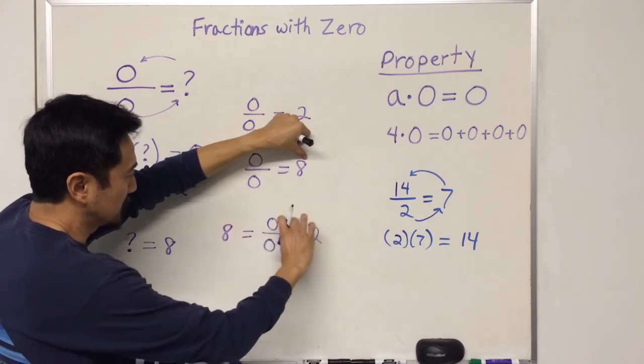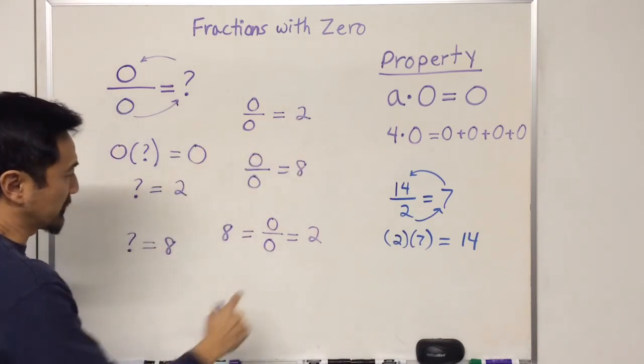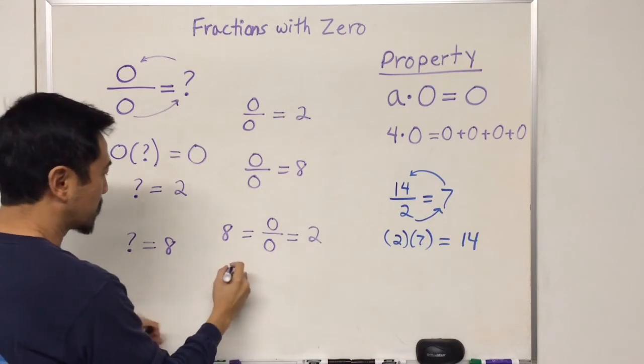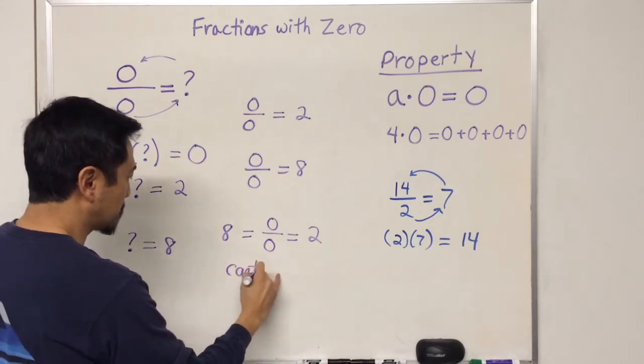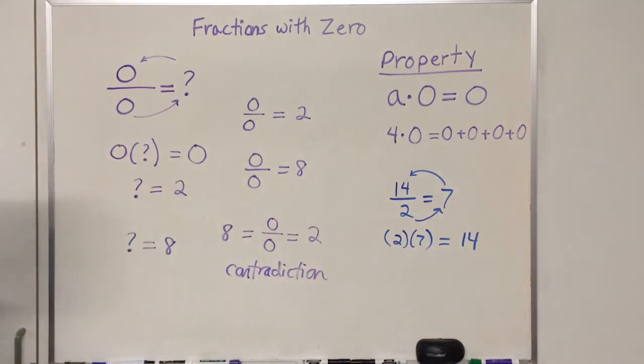Well, now look what we're saying. We're saying that 8 is equal to 2, okay? And so what we've got here is a false statement. We ended up with a contradiction, okay?